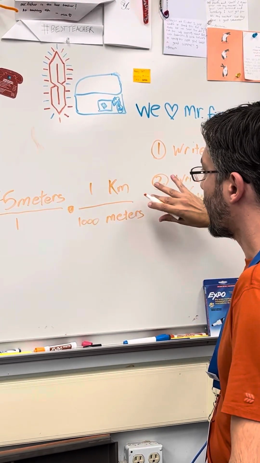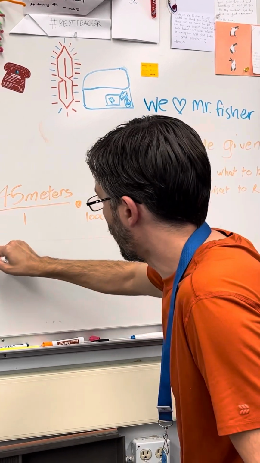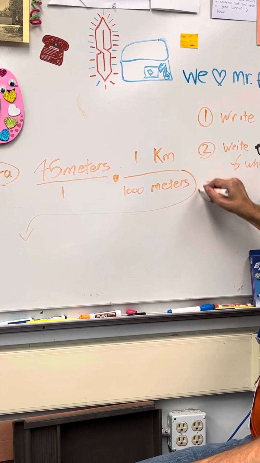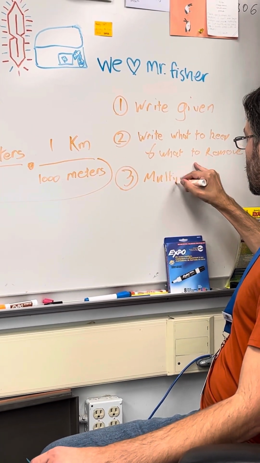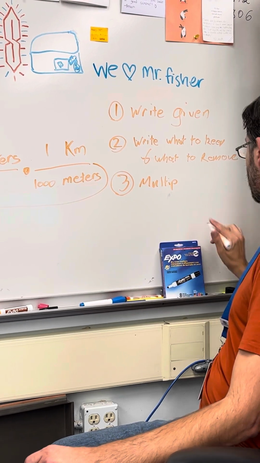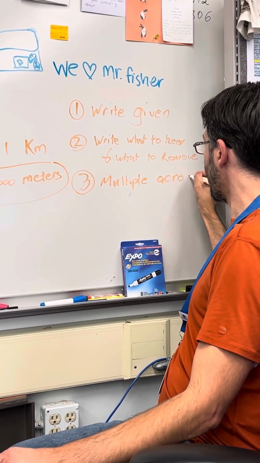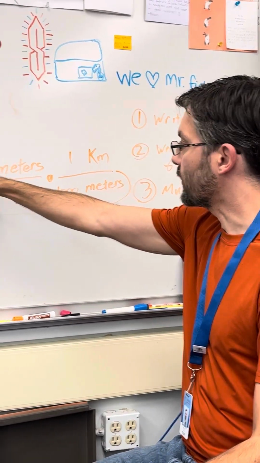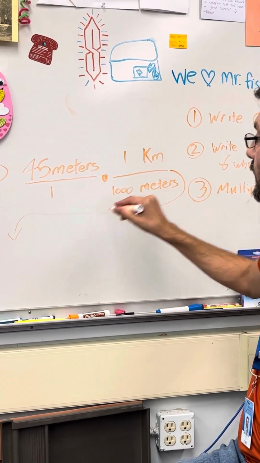Now I'm going to do this math across. Step number 3, multiply across. The nice thing about multiplication is that you take the top line and go all the way across, and the bottom line and go all the way across. What does this look like?